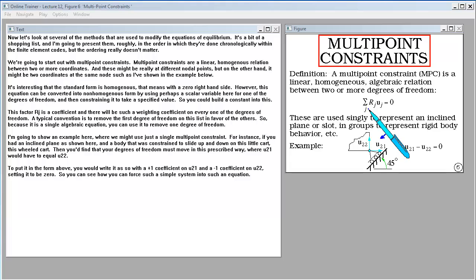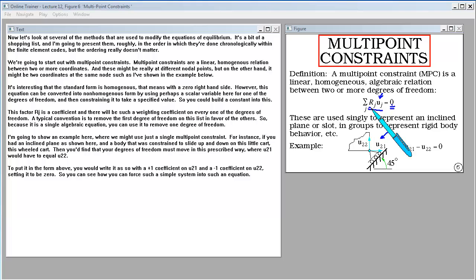It's interesting that the standard form is homogeneous. That means with a zero right-hand side. However, this equation can be converted into non-homogeneous form by using perhaps a scalar variable here for one of the degrees of freedom and then constraining it to take a specified value. So you could build a constant into this.